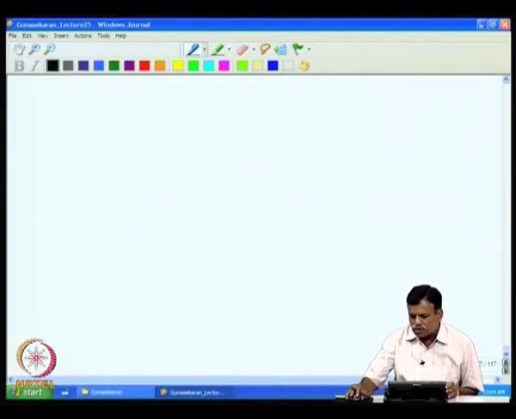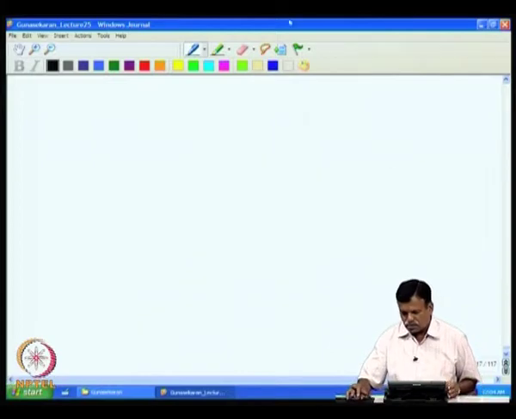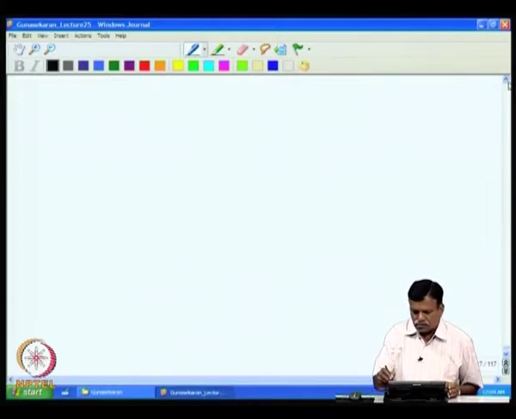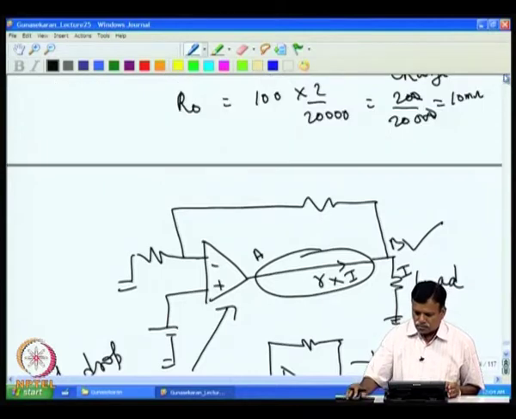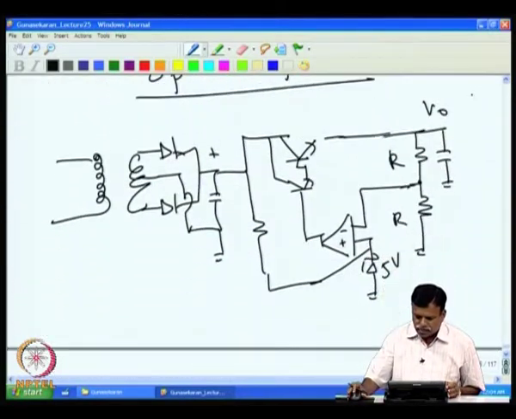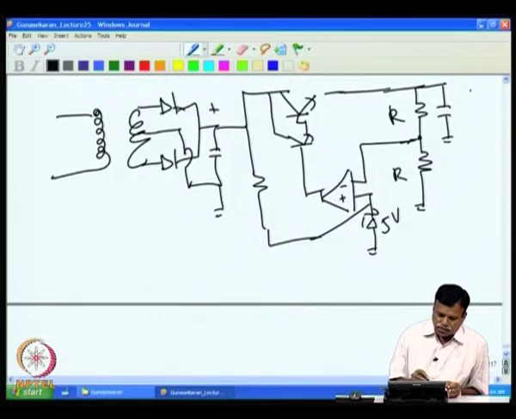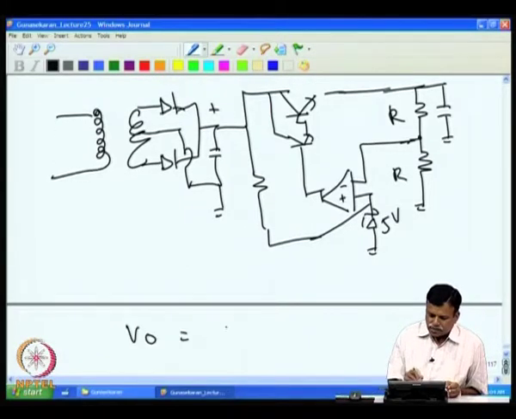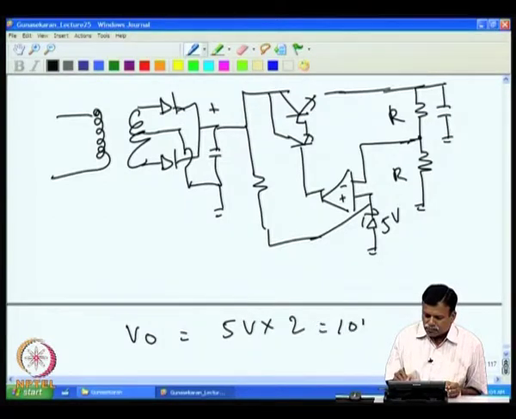So, V output actually comes as 5 volt into 2, that actually comes as the 10 volt.